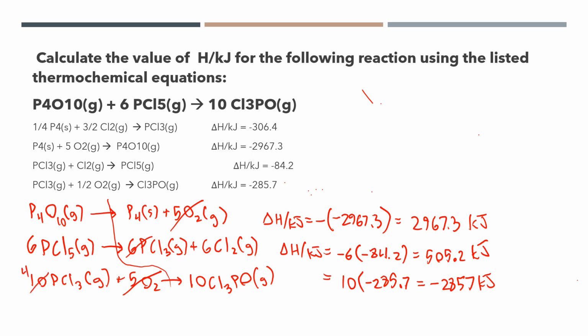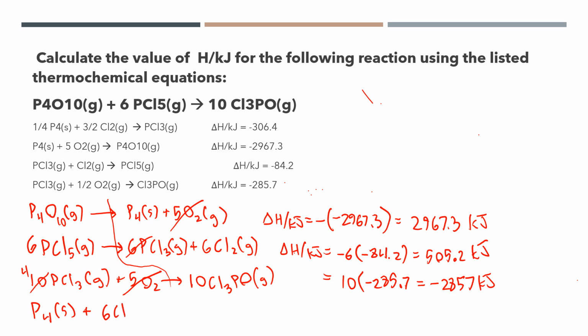We're going to have to cancel that out with another thing. So let's look at the last equation that we haven't used yet. That one. We still have to get P4 and get rid of one of those, and we have a fourth of that. So let's just times it by 4 and see what it does. We times 1/4 by 4, it gets you P4 plus 3/2 times 4 is going to get you 6.